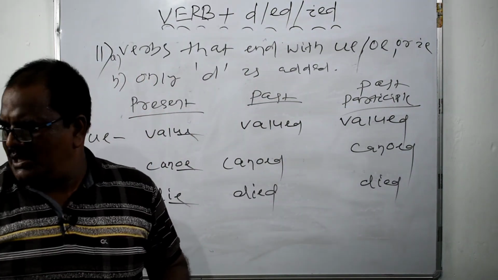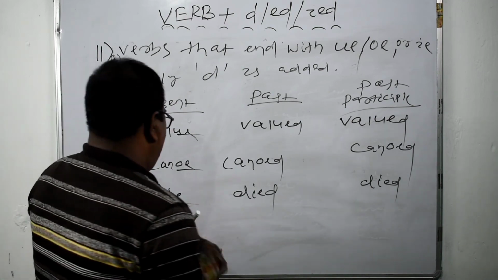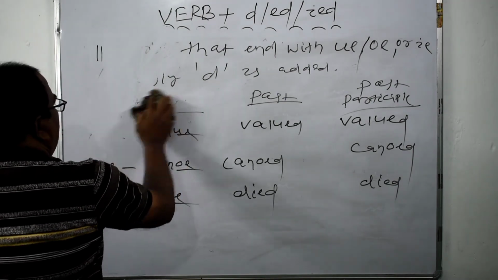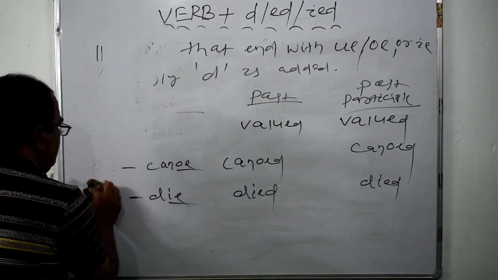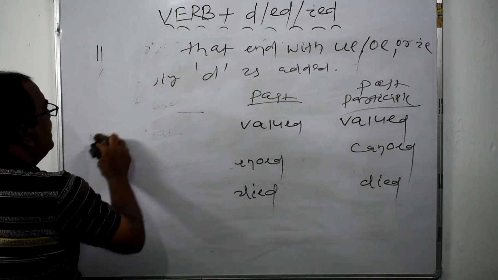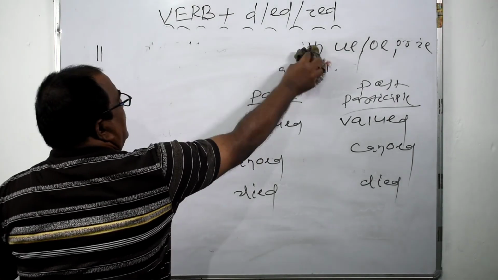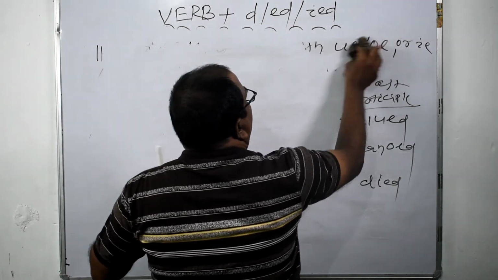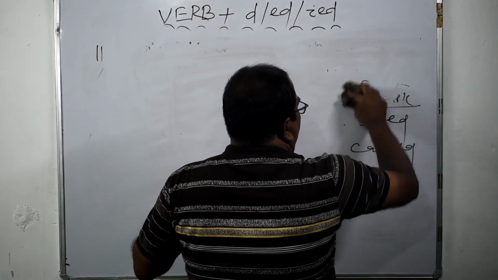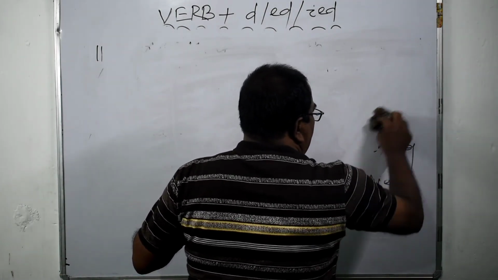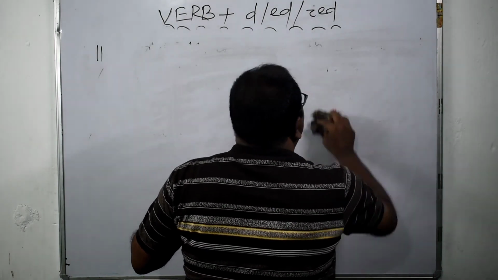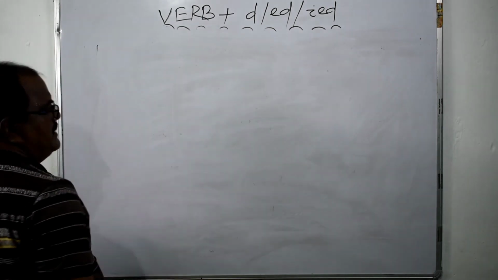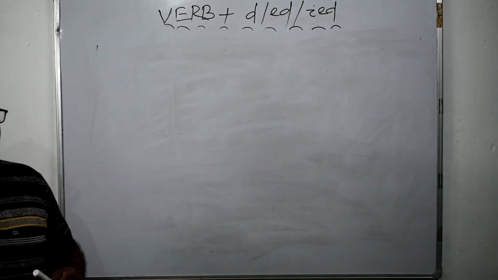So, my dear students, you have to collect these types of verbs which end with UE, OE and IE. Only by the addition of D, such verbs are changed to their past and past participle forms.